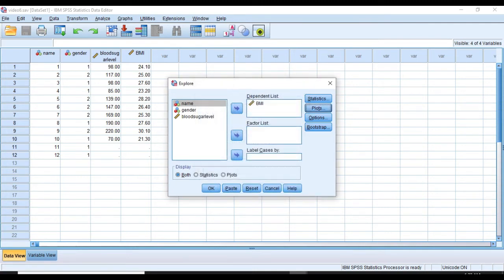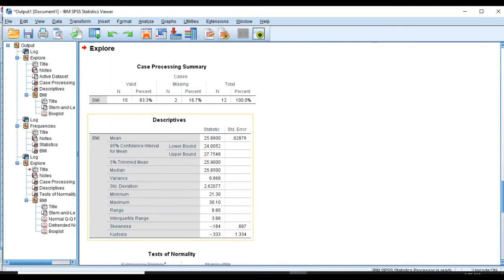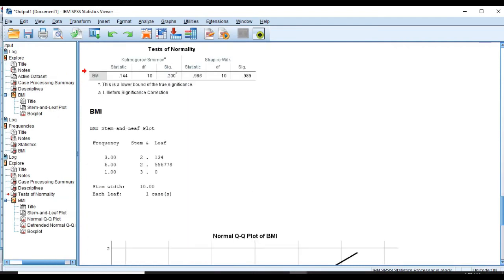As you can see in the Tests of Normality table, you can see the results of two tests of normality, Kolmogorov-Smirnov and Shapiro-Wilk. And you know that if the significance value is greater than the alpha value, which is 0.05, then there is no reason to think that our data differs significantly from a normal distribution.